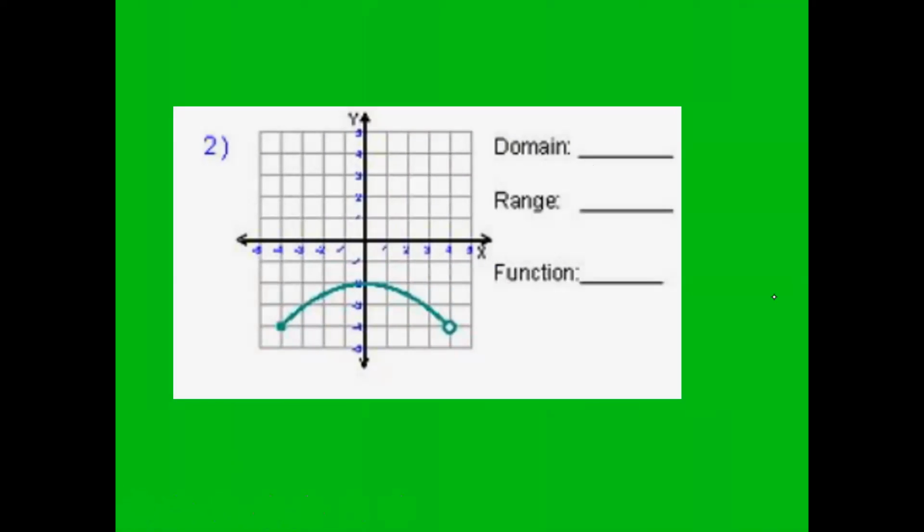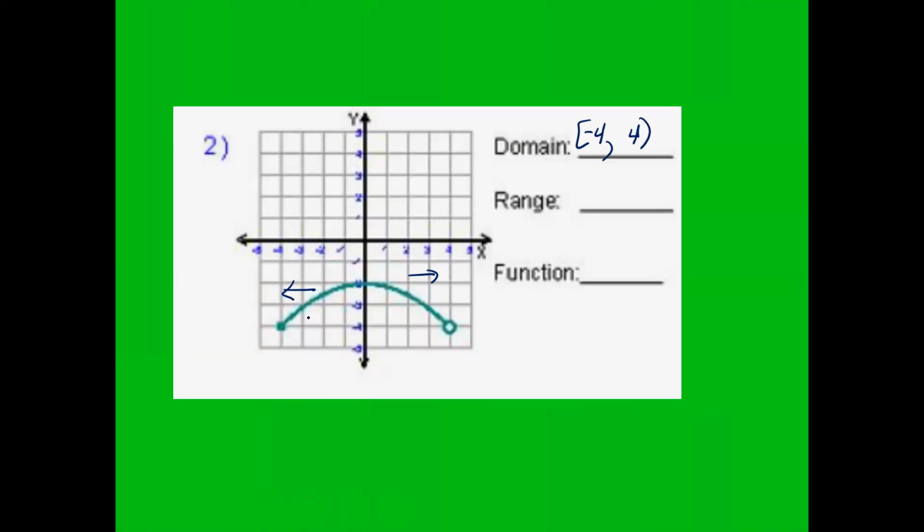All right, so for your domain, once again, you're looking at how far you go over to the left side. You are at -4. Then you're looking to see how far you go on the right side, and it is over to +4, but it's an open circle, so it is going to be a parenthesis.